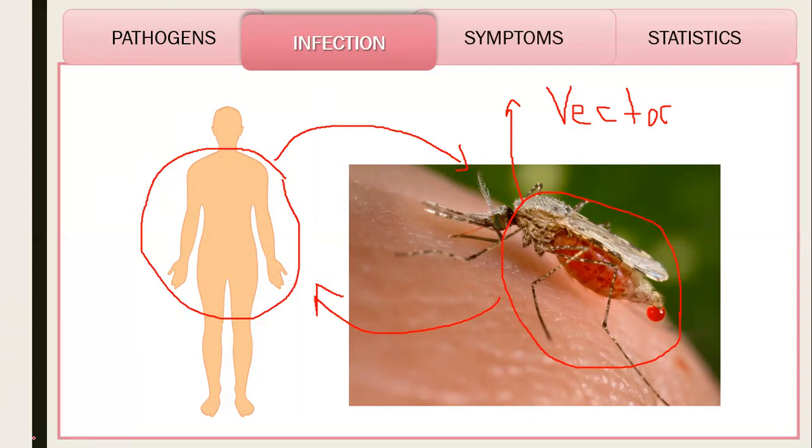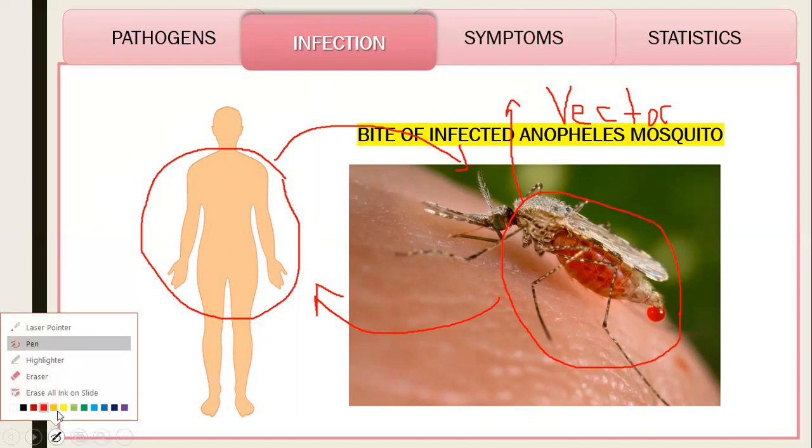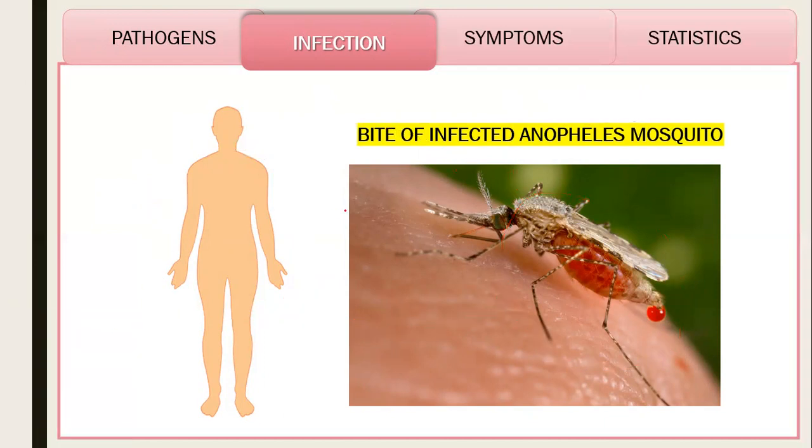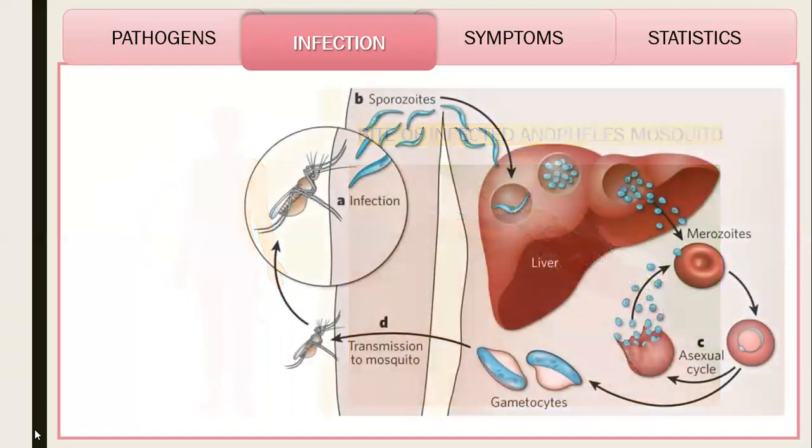they need both of these hosts. So let us see the life cycle of the parasite. Here we see how the mosquito injects the parasites into the human body.